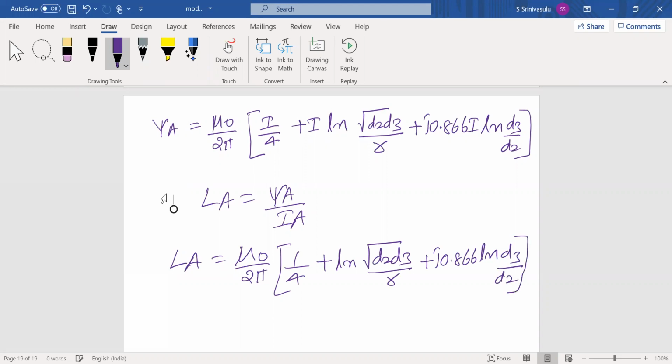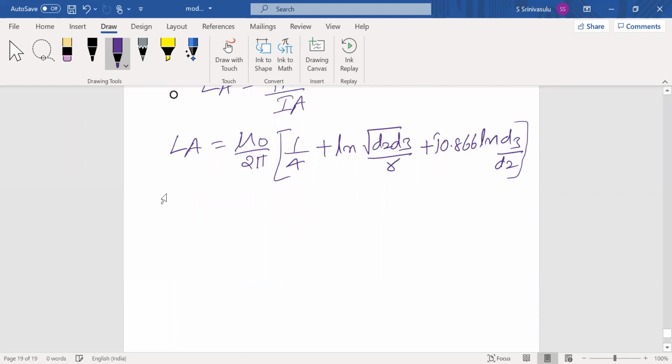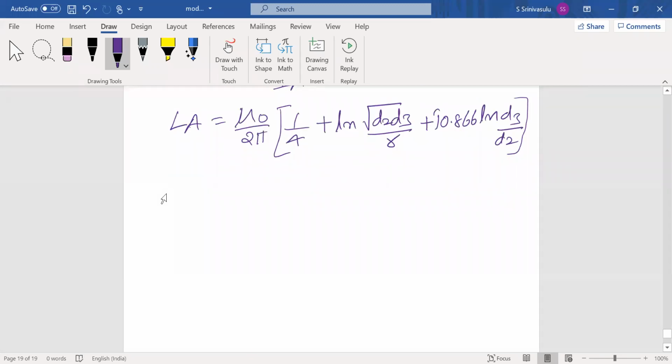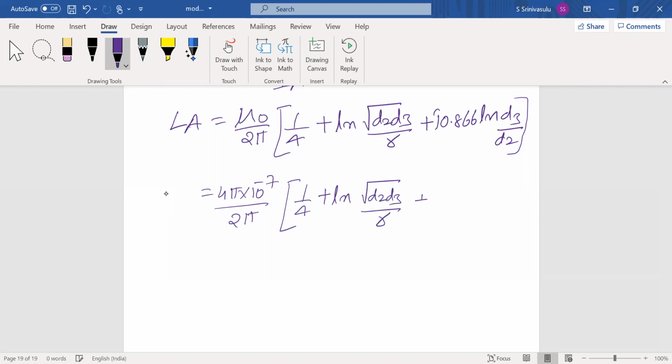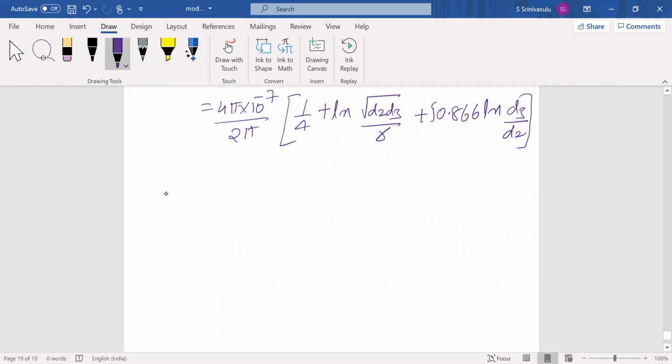Now what I had done in the case of unsymmetrical spacing, we had found the LA. Further, substitute the mu naught value, that is 4 pi into 10 power minus 7, by pi, and substitute that value, 1 by 4. Now in this case, the 2 by 2 gets cancelled.